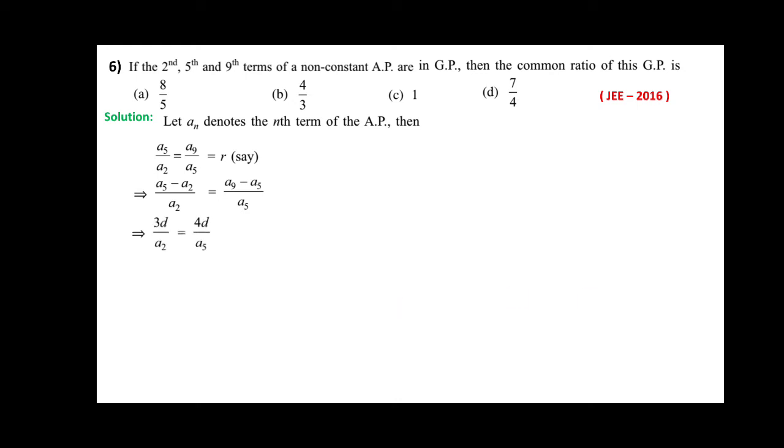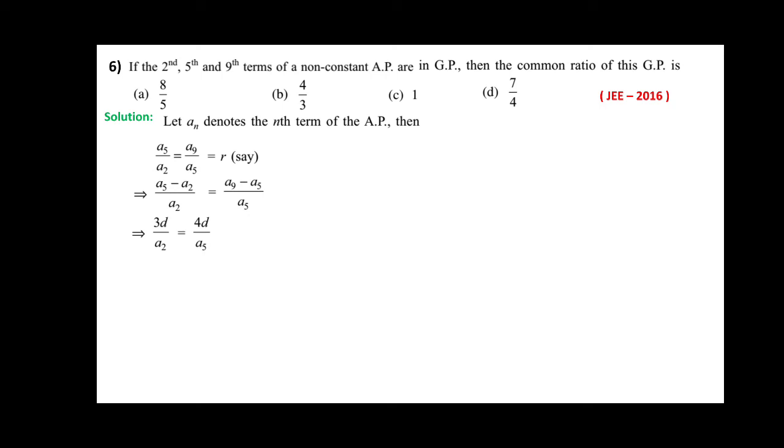A5 minus A2, these terms being in AP, we can write A5 as A plus 4D minus A2, where A2 is A plus D. By subtraction we have 3D divided by A2. Similarly, the difference between the ninth term and fifth term is 4D divided by A5.